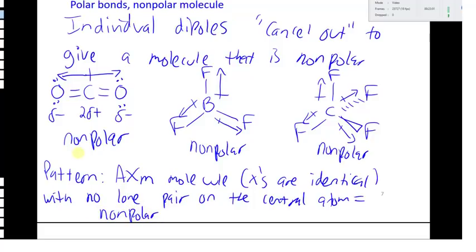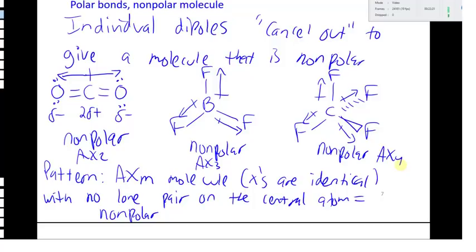This one is AX2 with no lone pairs in the central atom. This one is AX3. This one is AX4. If you went all the way up to AX5 and AX6 with no lone pairs in the central atom, all of the outer atoms have to be the same for this to be true. Those are ones that you can quickly identify as being nonpolar for any of those electron group arrangements.